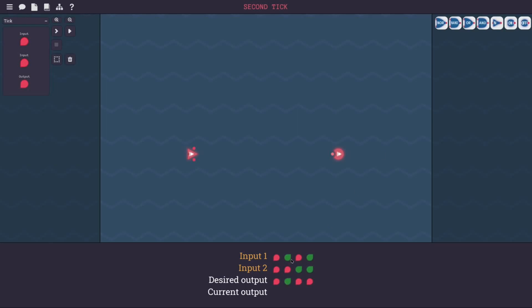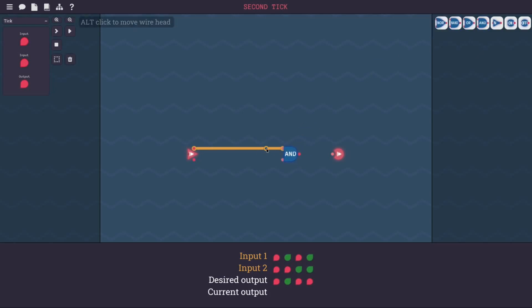So we need it to only output on if this one is on, right? So that is input 1. When this is on, it needs to be on. But if this one is also on, or essentially, this needs to be on and this needs to be off. So that's AND, right?